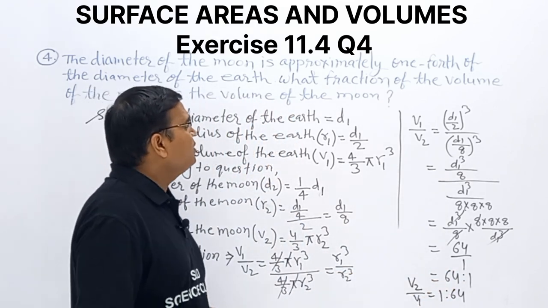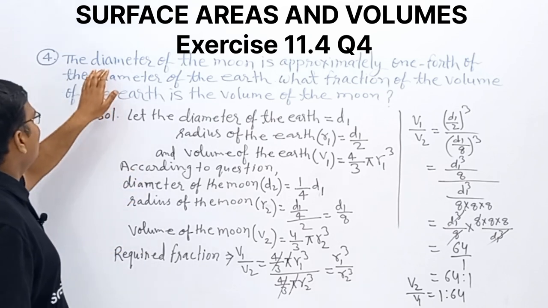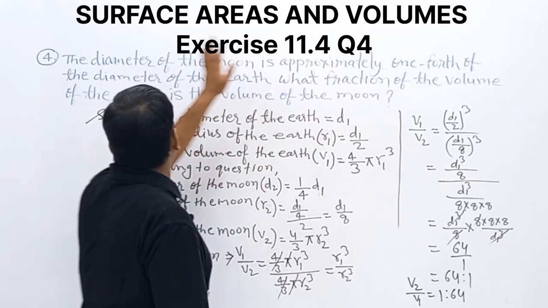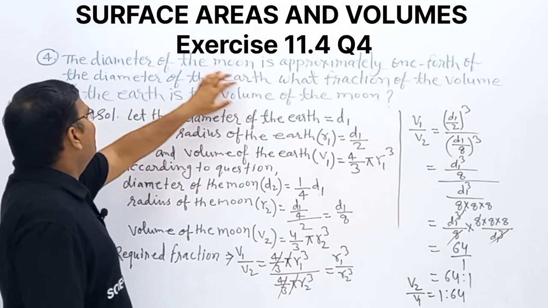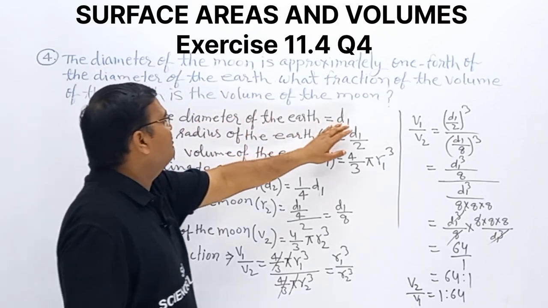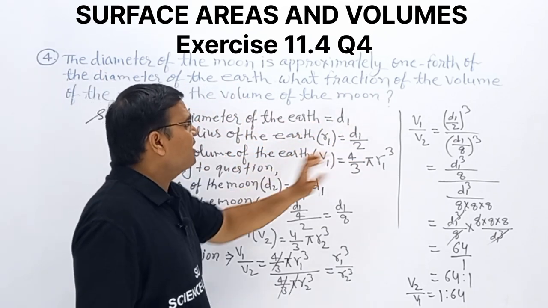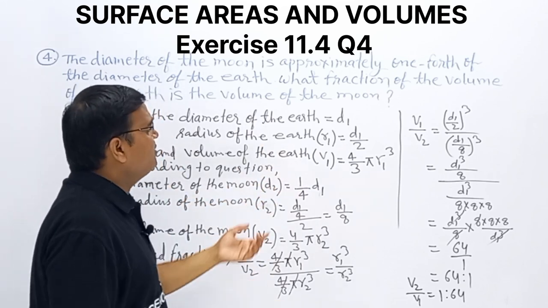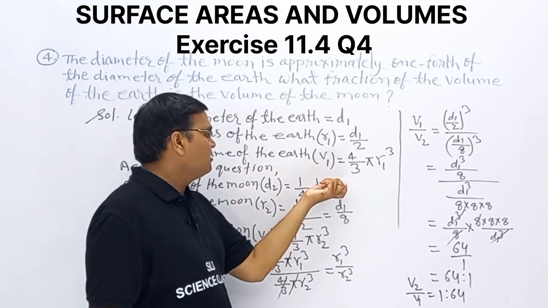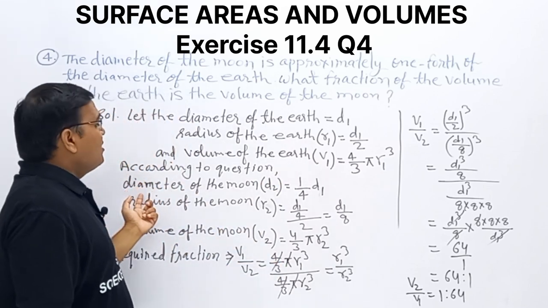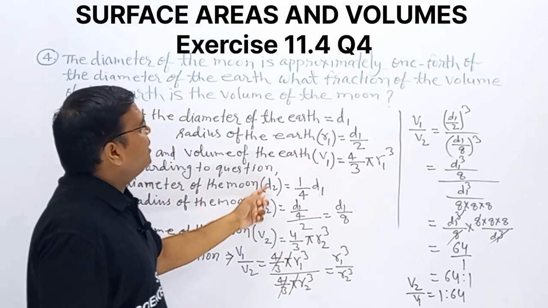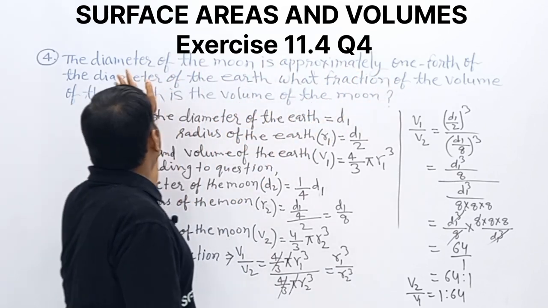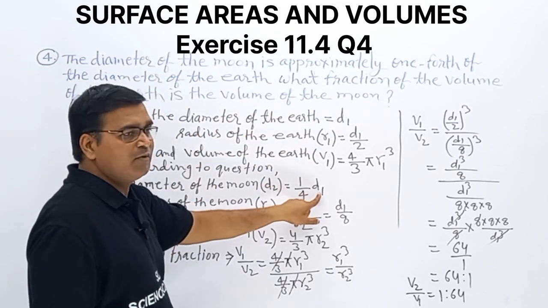Simple question. What are we doing in this question? In the question we have one condition: the diameter of the moon is approximately 1/4 of the diameter of the earth. So we assume the diameter of the earth is d1. Its radius will be d1 by 2. Earth is in a sphere shape, so we use the volume of a sphere formula. Similarly, the diameter of the moon we assume d2, and it is 1/4 of the diameter of the earth.